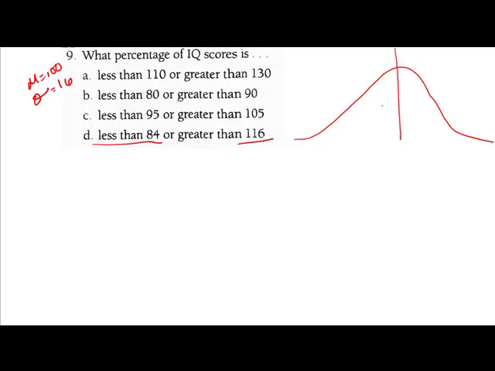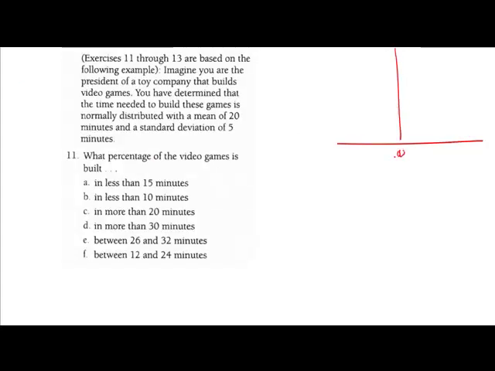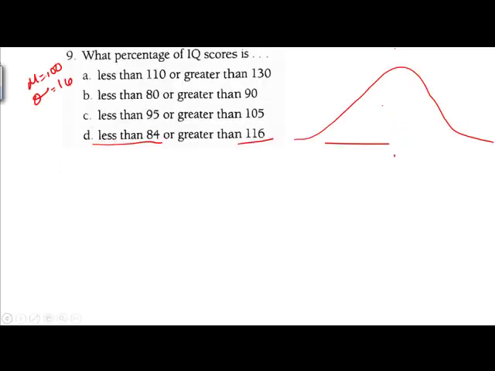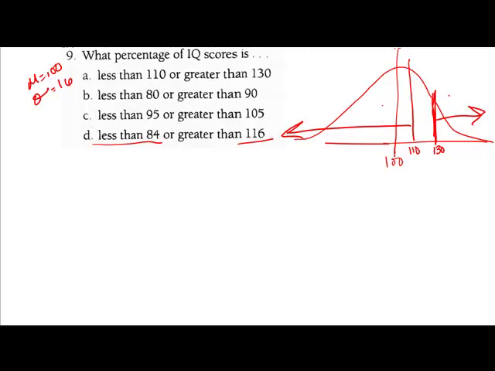My mean is 100, so that's the center of the curve. And it wants the IQ scores that are less than 110 or greater than 130. So it really does not want this section here between 110 and 130. So let's go ahead and find it.